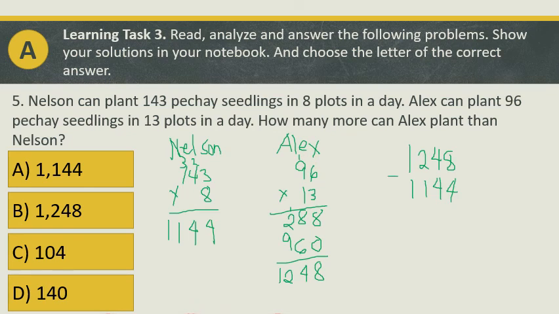So, subtract natin. So, 8 minus 4 is 4. 4 minus 4 is 0. 2 minus 1 is 1. And 1 minus 1 is 0. So, ang total po, mas madami ng 104 pechay seedlings kung magtanim si Alex kaysa kay Nelson. So, yun po ay letter C.